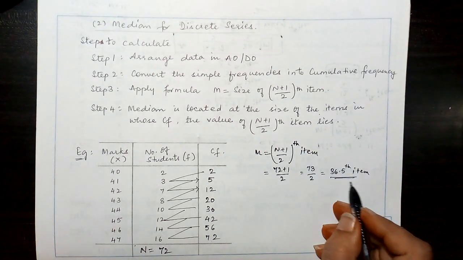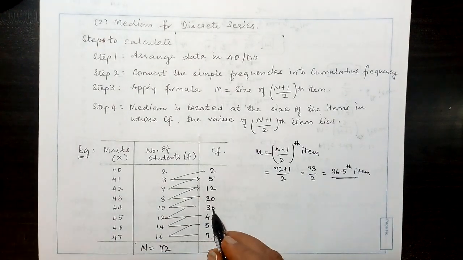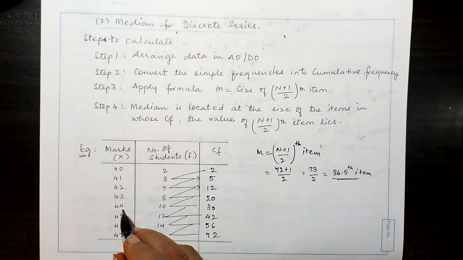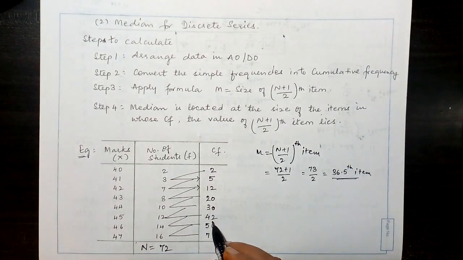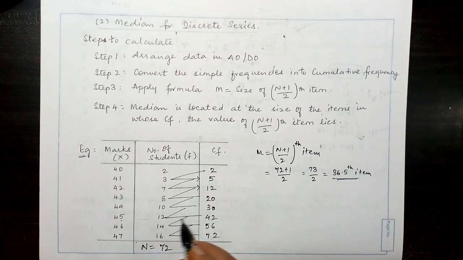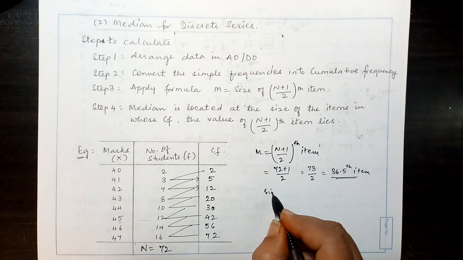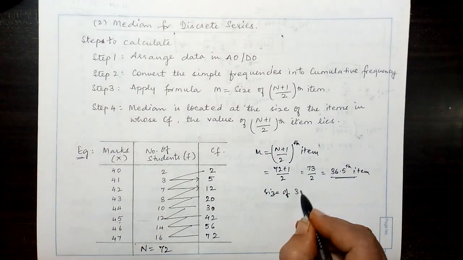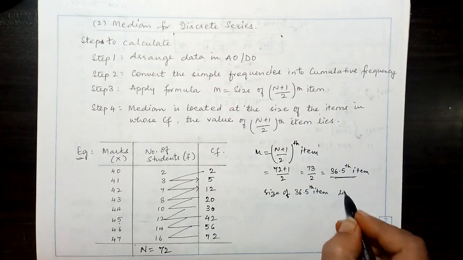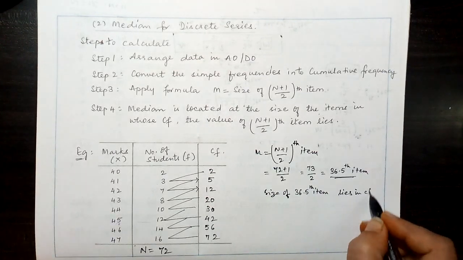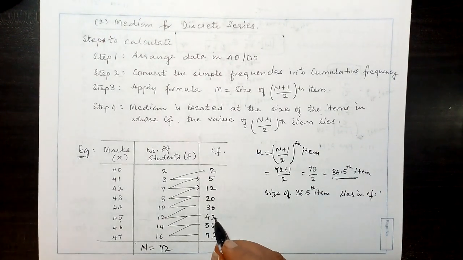Let us check the cumulative frequency. Okay, so cumulative frequency 36.5. Till 30 they lie here. Now after 30, that is from 31 to 42 will be here. So the size of 36.5th item lies in the cumulative frequency equal to 42, because after 30 it will lie in the next one.